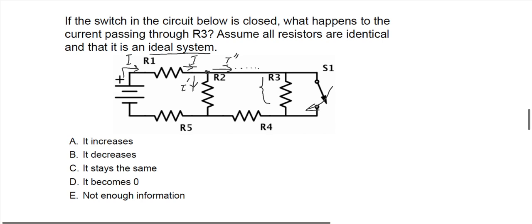And now let's follow I second. I second reaches here. And we have a very, very important basic of circuit analysis. If the head and tail of a resistor is connected to the same point, just like what's happened here, if we follow this path, the switch is closed, so the head and the tail of resistor R3 are connected to the same point.